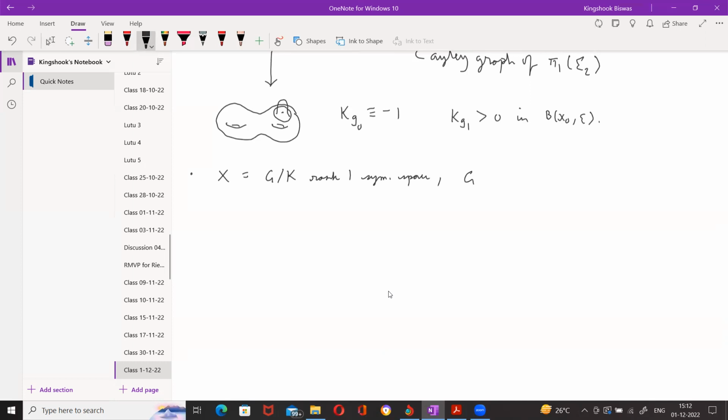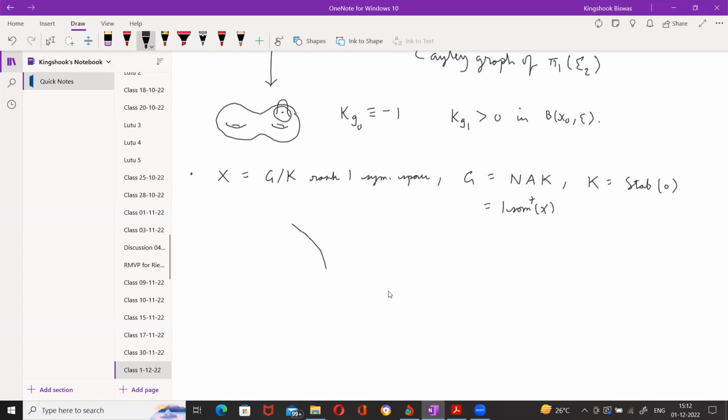So take the Cartan decomposition G = KAK. G is the isometry group of X, the orientation preserving isometry group, and K is the stabilizer of the origin.